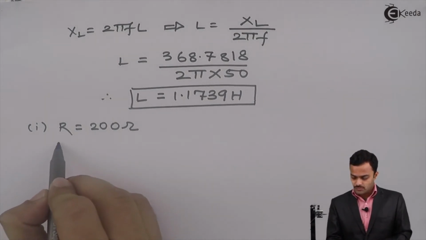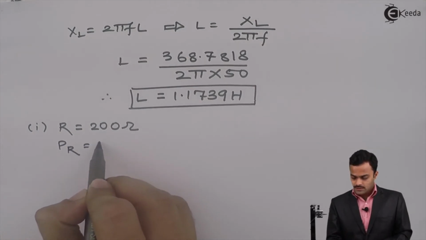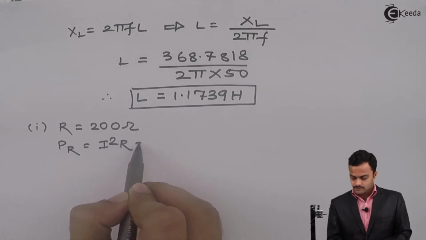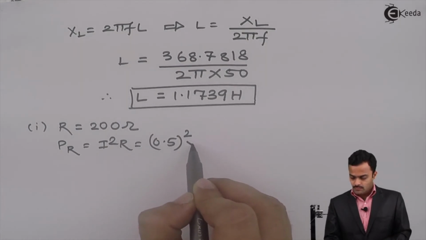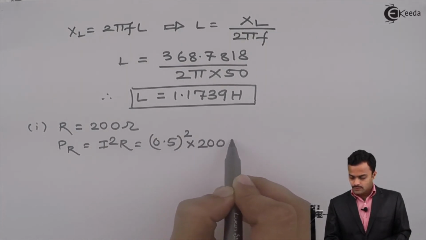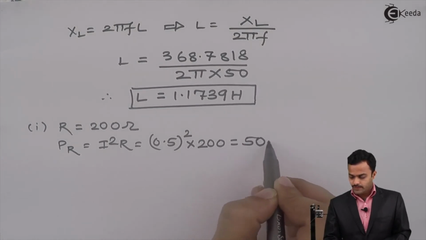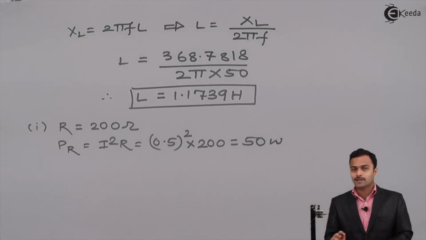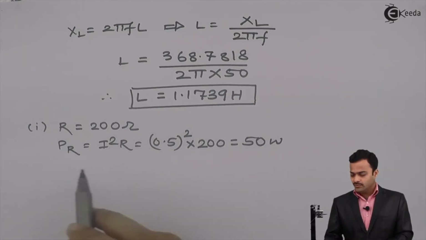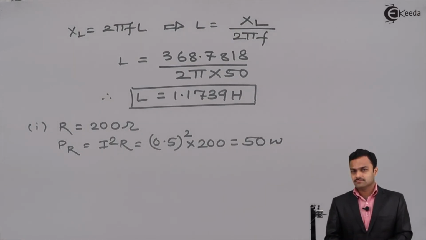And what is the power consumed by this resistor? It is I square R, 0.5 square multiplied by 200. So this is 50 watt. So power consumed in this resistance is 50 watt. What does that mean? To glow a metal filament lamp of 60 watt, you need to waste 50 watt power. Is it efficient? Don't know.